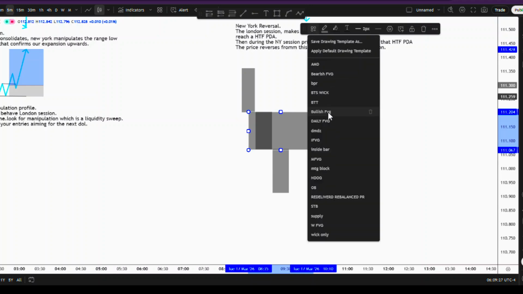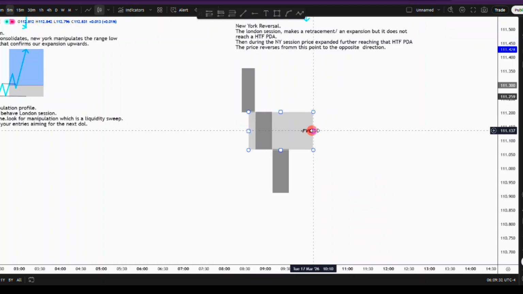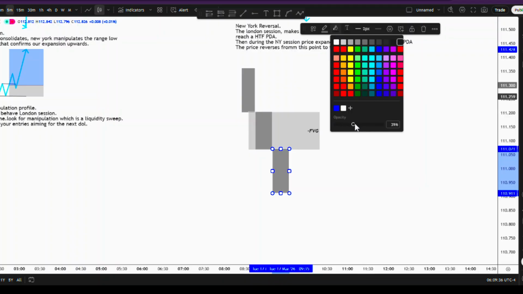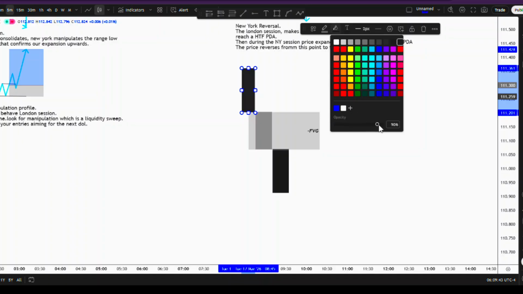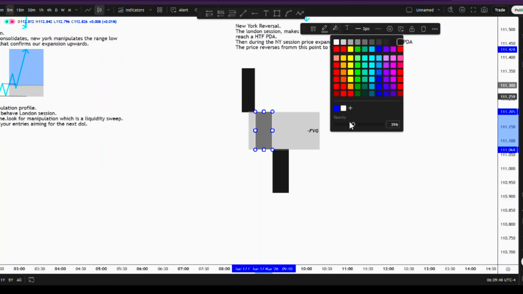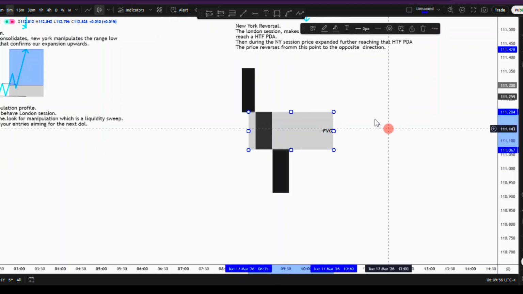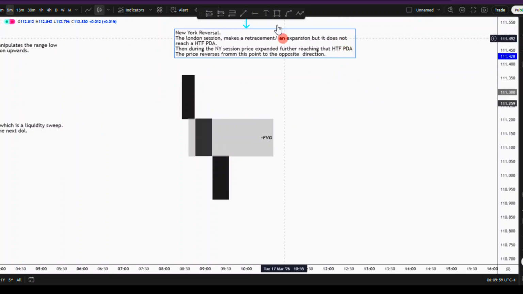So a bearish fair value gap. We have that bearish fair value gap. This is from a higher time frame, and this forms what we are calling a higher time frame PDRA level.